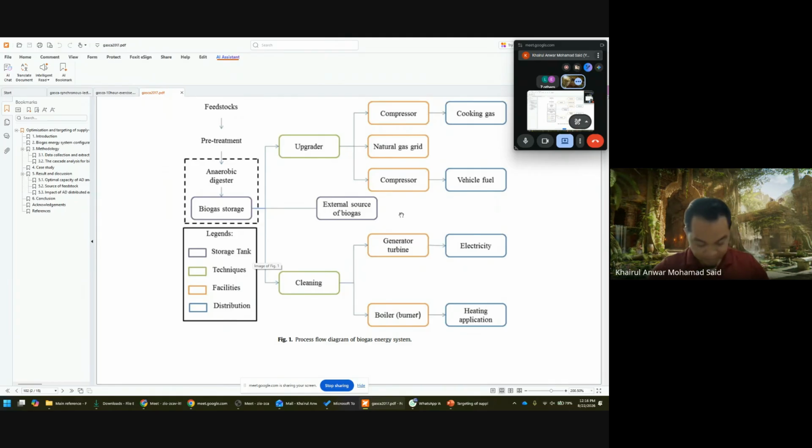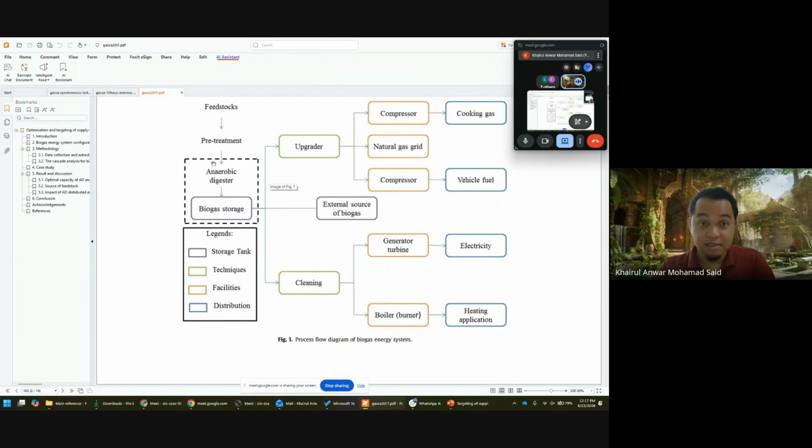Again, this is about this paper. Today is using gas cascade analysis, but it's time based instead of concentration pinch. So start again. The raw feedstock goes to the anaerobic digester.